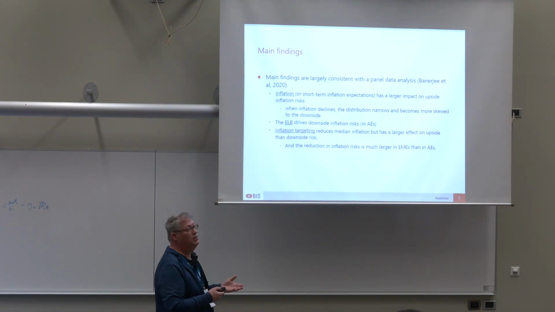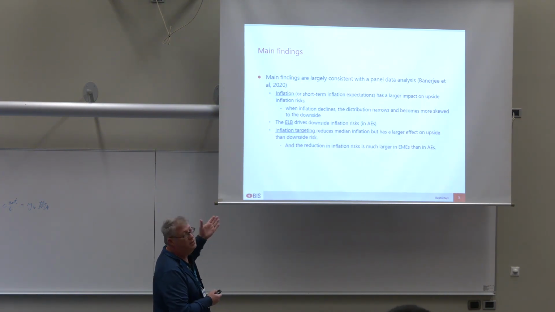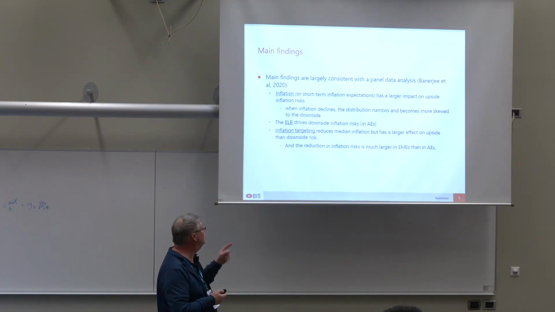Which means that when inflation falls, the distribution narrows, dispersion decreases, and also the upside risk declines. So the right tail of the distribution moves more than the left tail, and the distribution becomes more skewed to the downside. We also found that the effective lower bound is a quite significant driver of downside inflation risk, moving the left tail of the distribution in the sample of advanced economies.